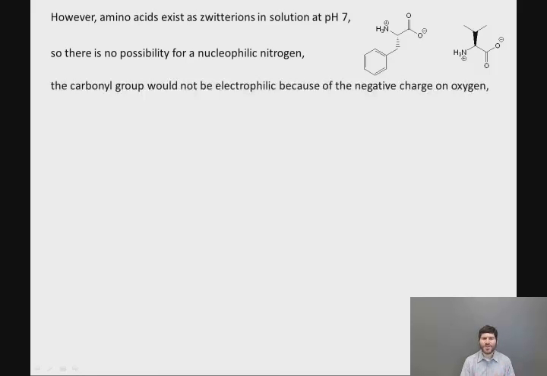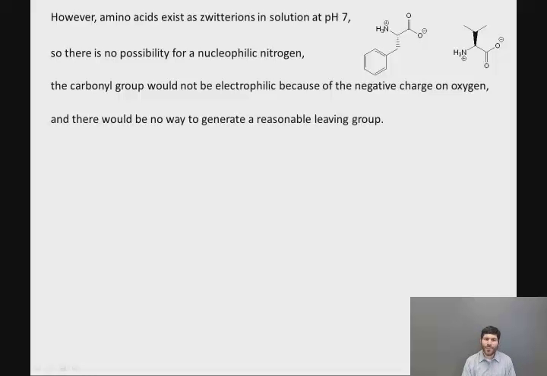And then furthermore, the carbonyl group would not be particularly electrophilic because there's already a negative charge on oxygen. If you come in and attack the carbonyl carbon, putting those electrons onto oxygen, you would be putting two negative charges in close proximity to each other.